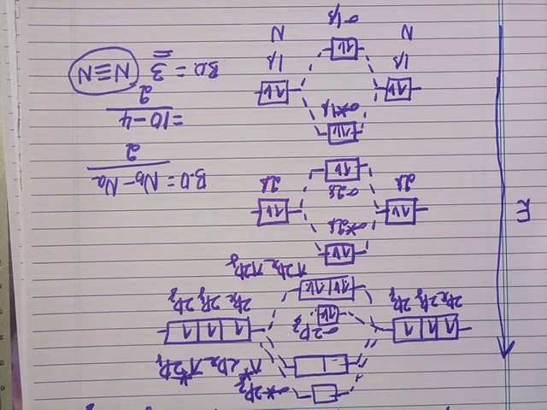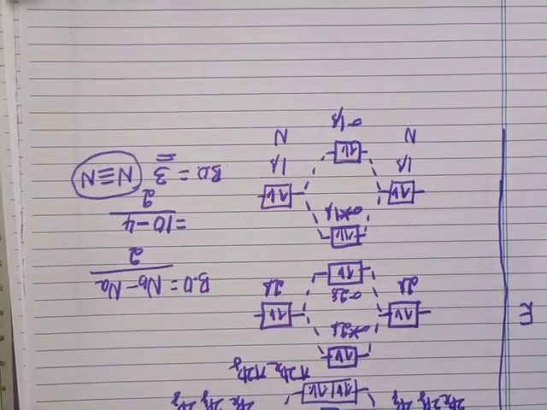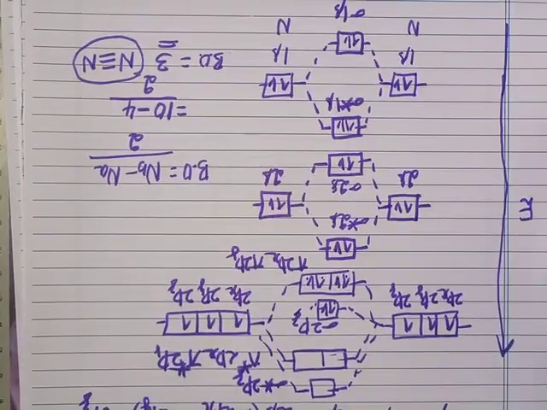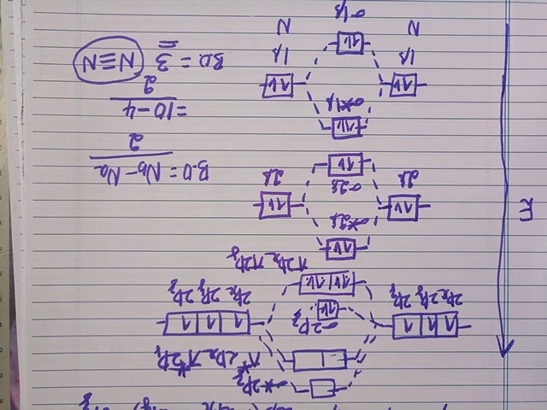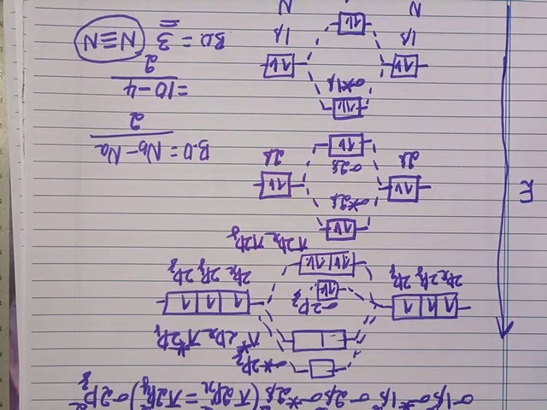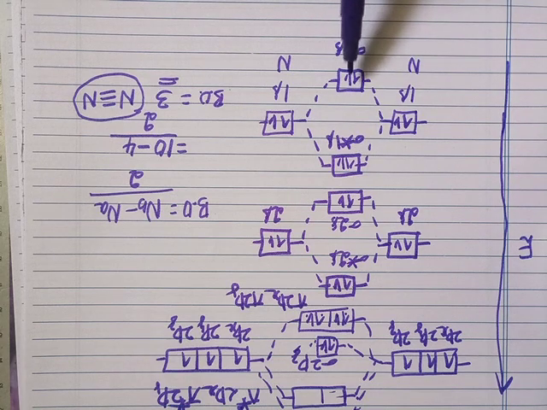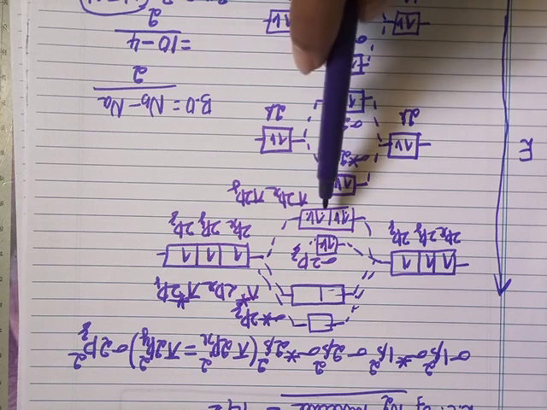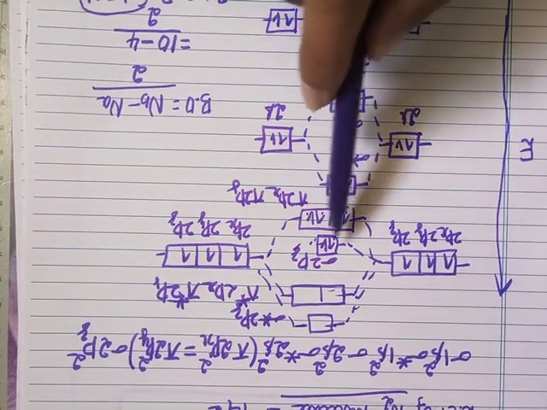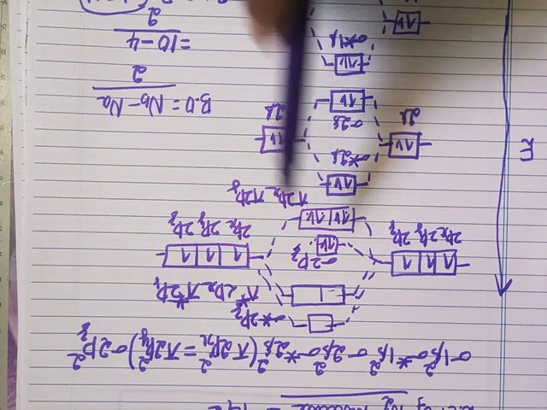Then coming to the magnetic property of the nitrogen molecule. Here you can observe that in these molecular orbitals there are paired electrons, and in these two orbitals also there are paired electrons.